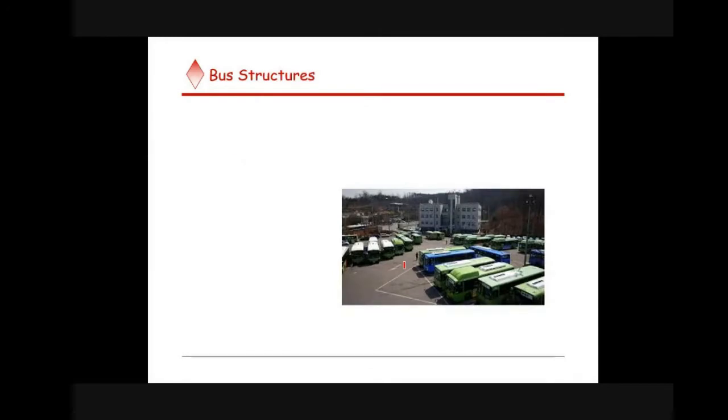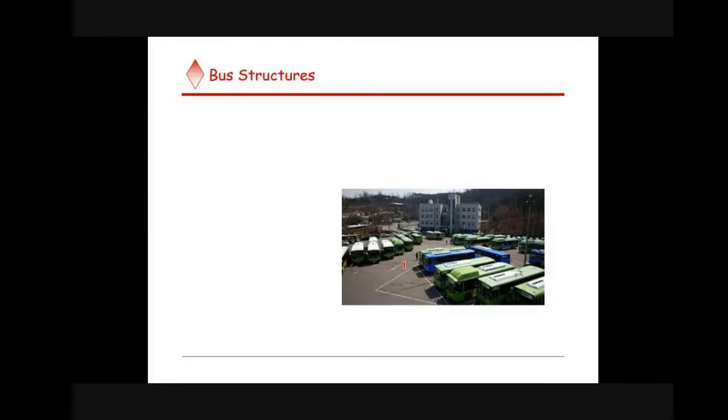So, bus structure. What is the use of a bus? A bus takes people from one place to another. Even here, we have a set of connecting wires that will be connecting different functional units. What are the different functional units we already studied? Input unit, output unit, memory, processor or arithmetic logic unit, and control unit.